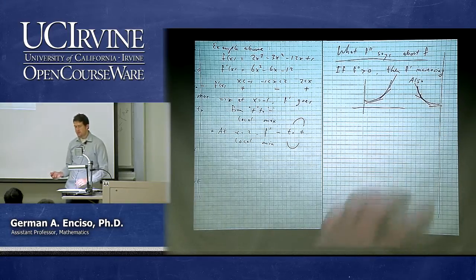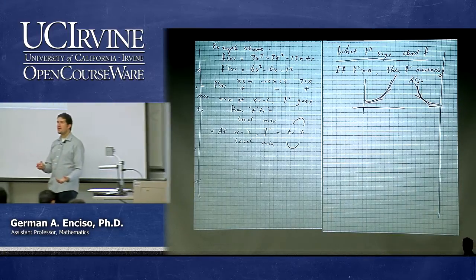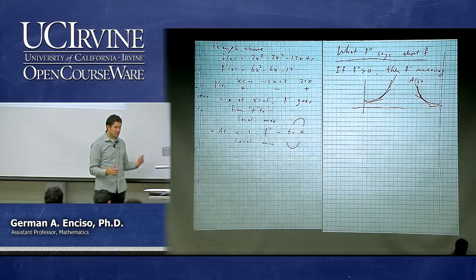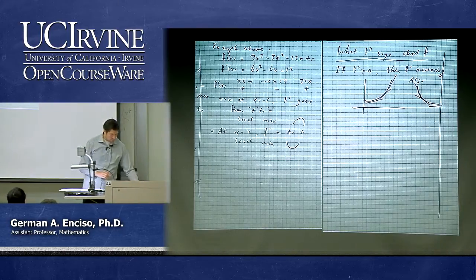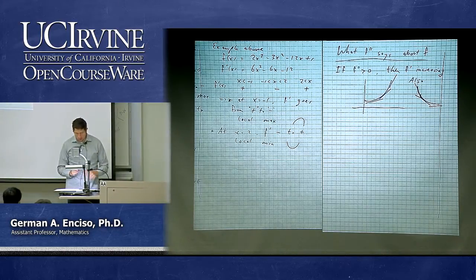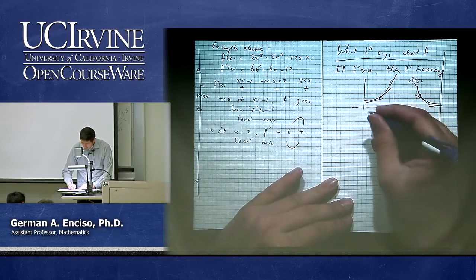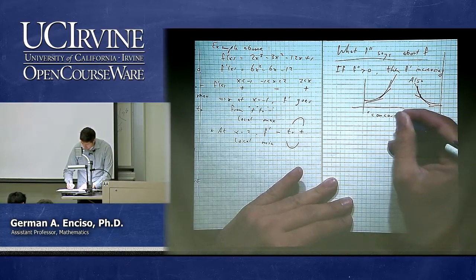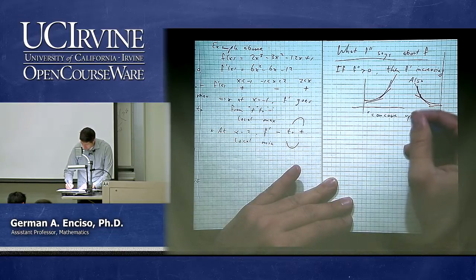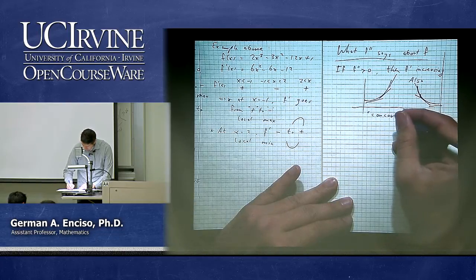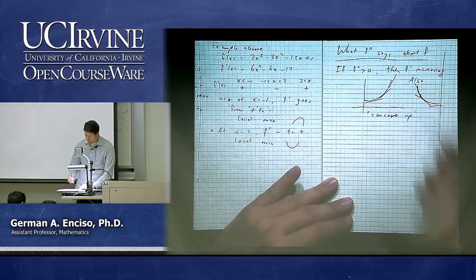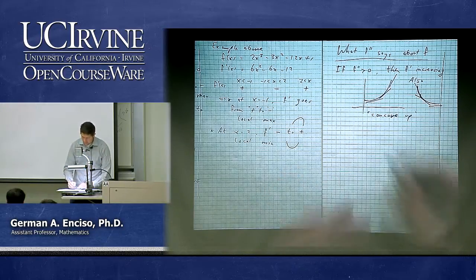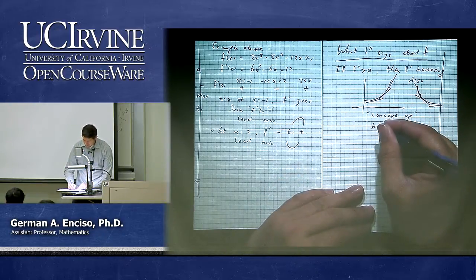It's the same story actually. The derivative is increasing. Even though it's negative, it's still increasing. So it still has the same curvature. Okay? So we call this thing concave up. Or happy face.